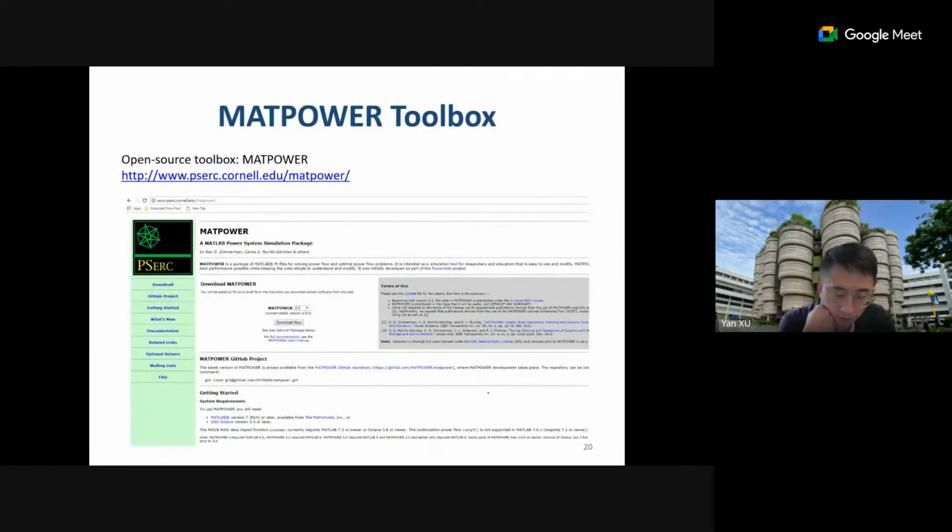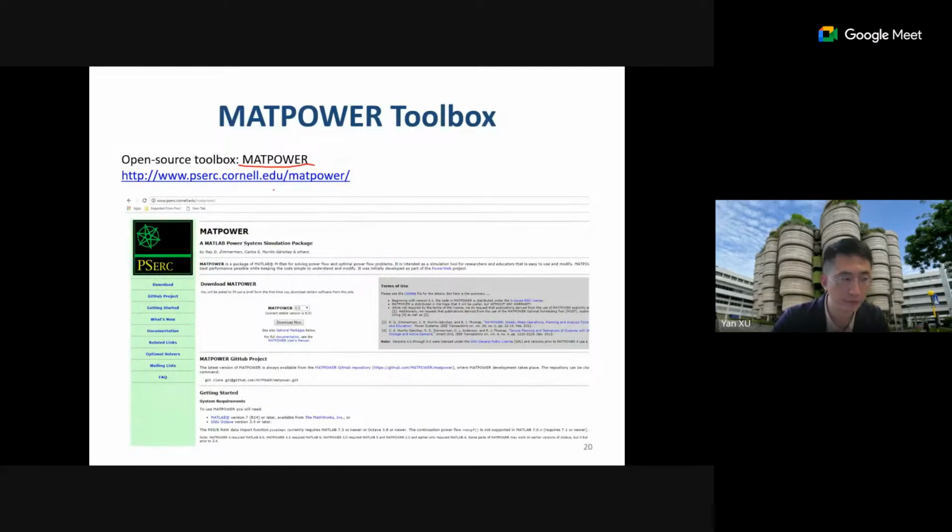But once again, as I just said, as power engineers, sometimes we just focus on modeling. And the solution algorithms are already developed by mathematicians, okay? And even for OPF, there is a very famous open source package in MATLAB called MATPOWER. This one is developed by a set of researchers at Cornell University.